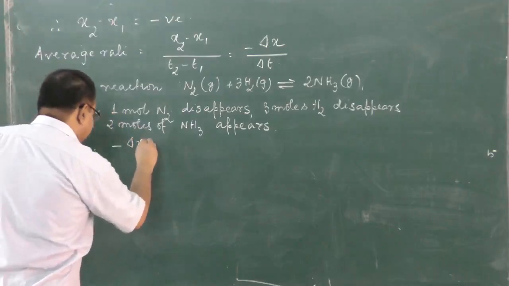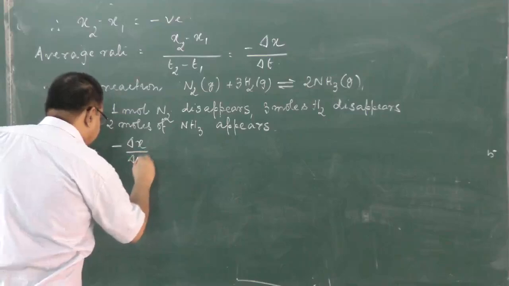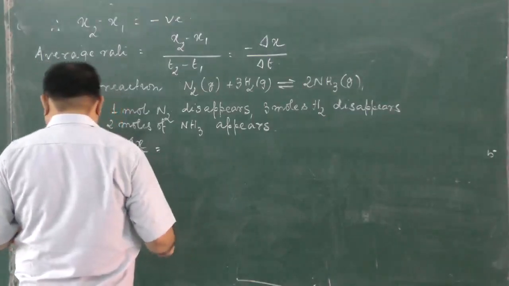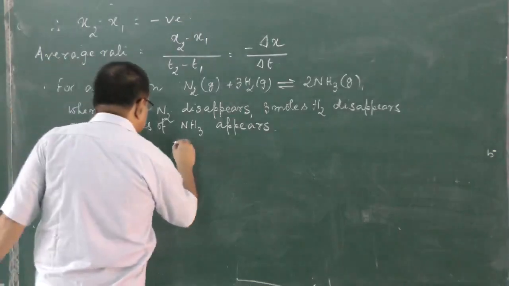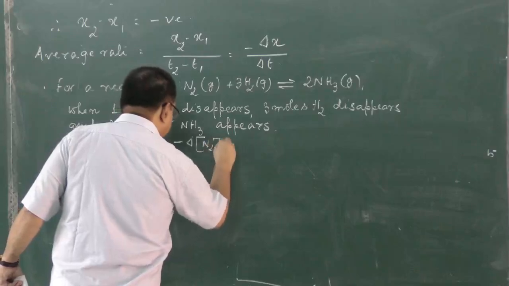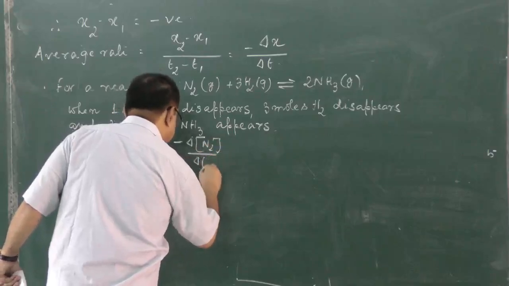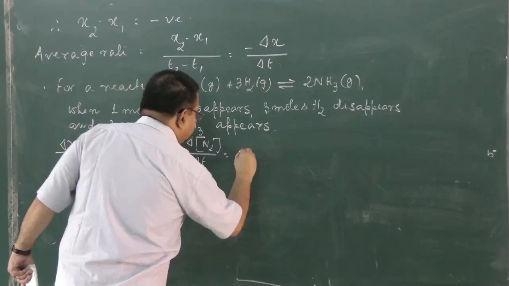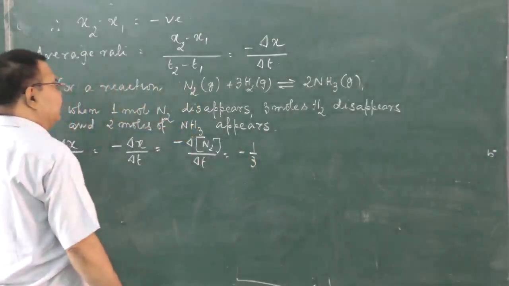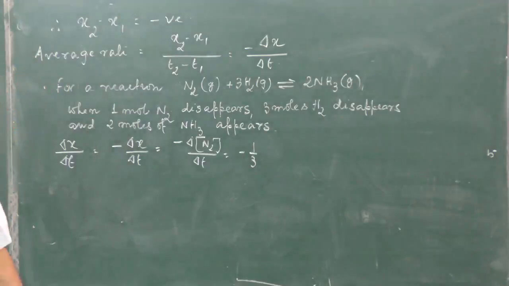So delta x by delta t is equal to minus delta N2 by delta t, is equal to minus 1/3 delta H2 by delta t. Why 1/3?